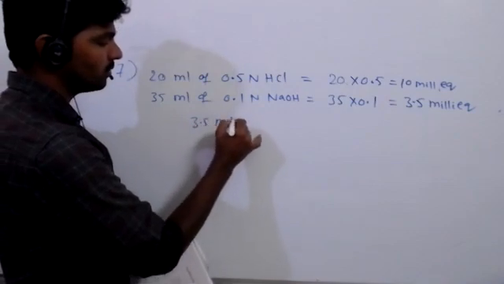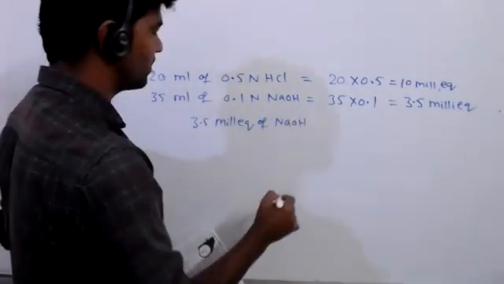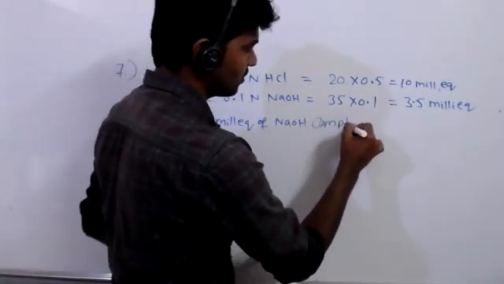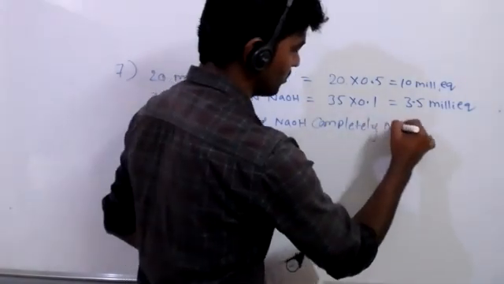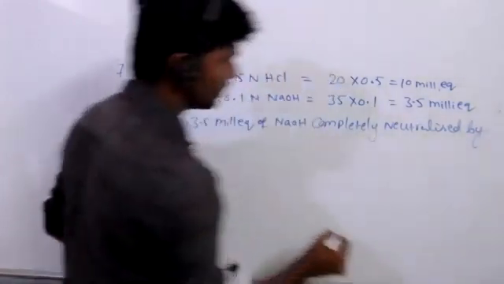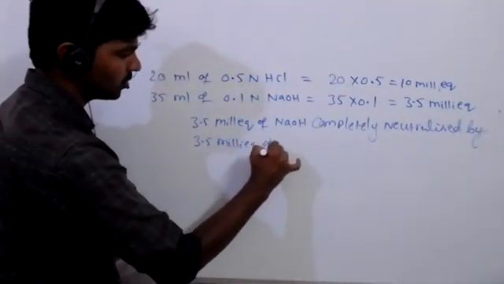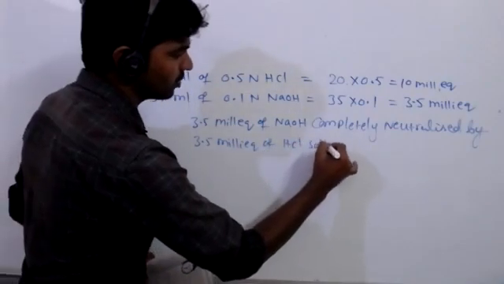3.5 milli equivalents of NaOH are completely neutralized by 3.5 milli equivalents of HCl solution.